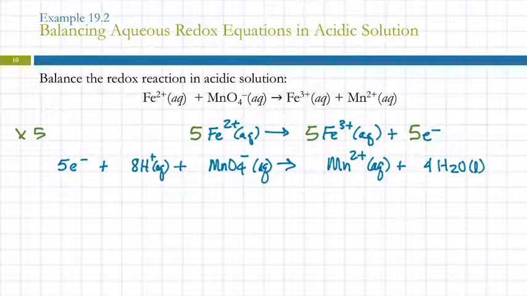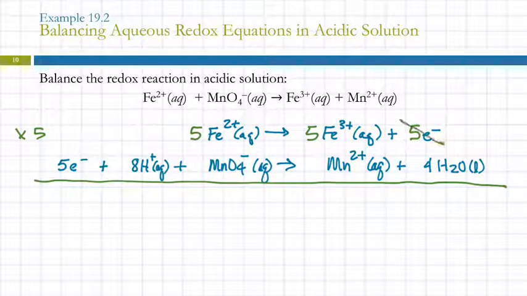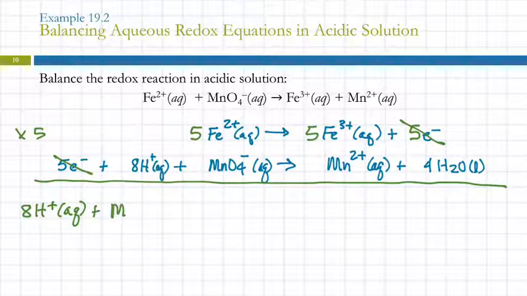Now that I've done that, I can add these together. The 5 electrons that are lost by that one are gained by this one, so they don't show up in the overall reaction. Then I'm going to copy down everything else. So I've got 8 H+, and I've got MnO4-. I'm not sure why I started with the bottom one, but I did.